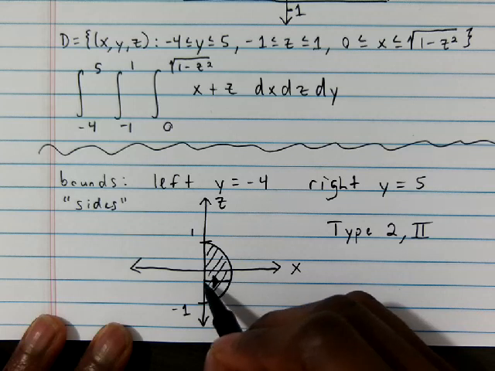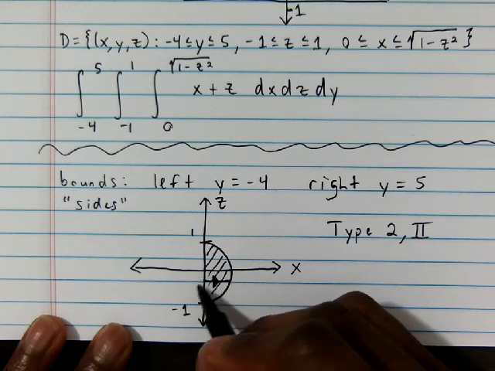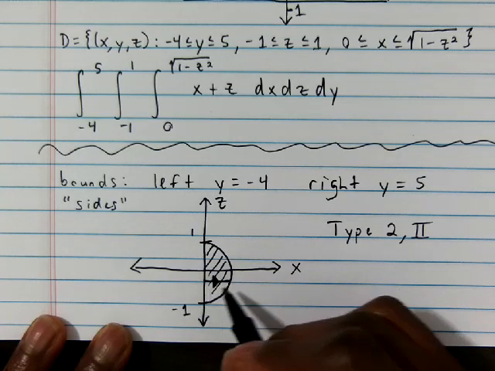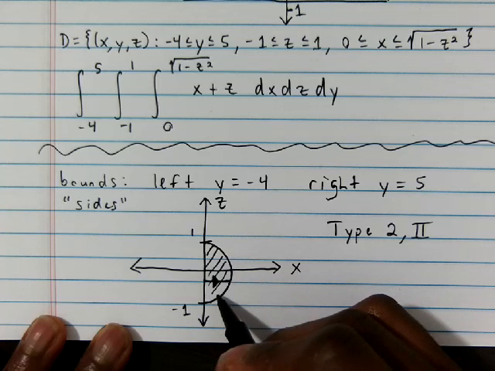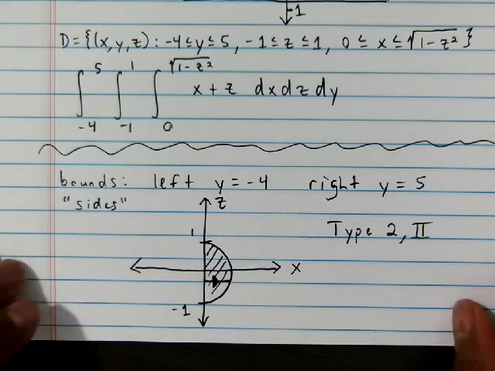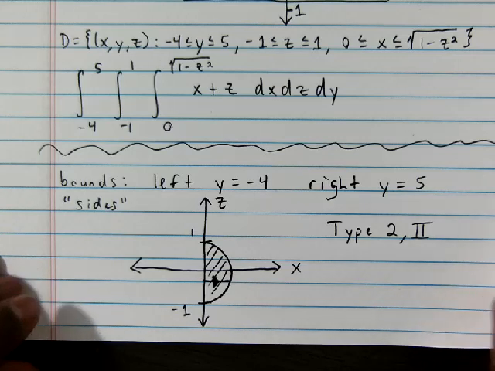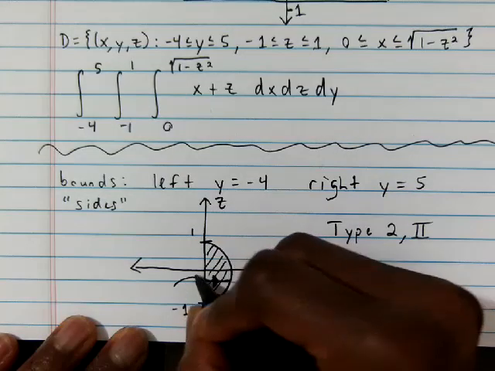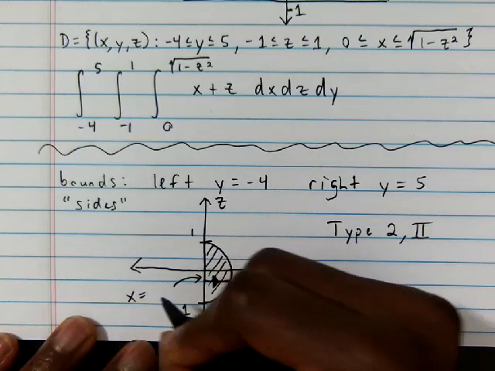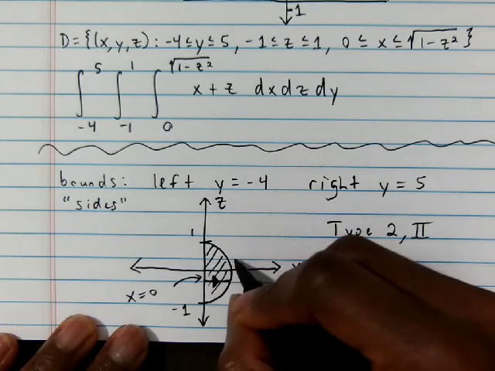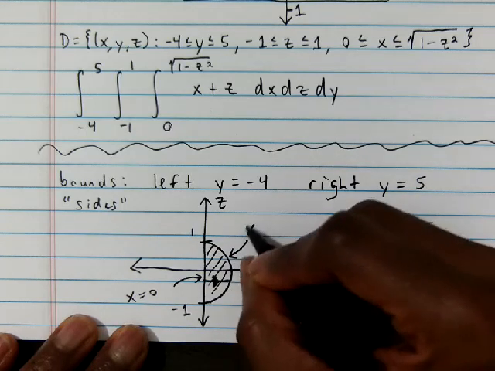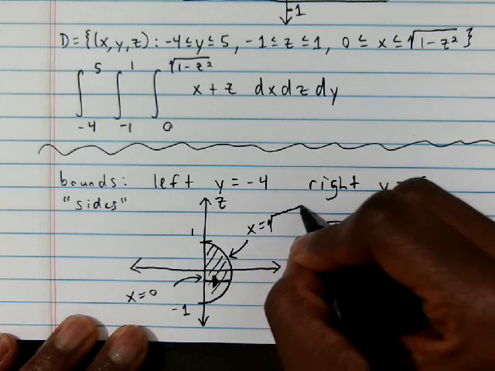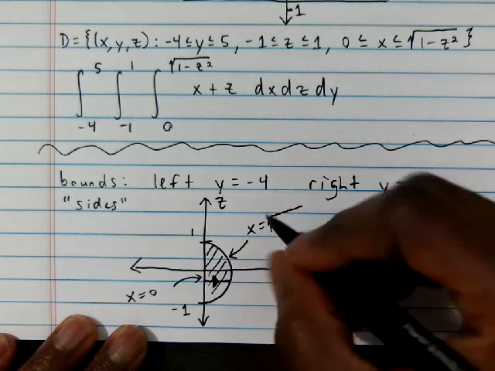Now, our function on the left is just x equals 0, and our function on the right is x equals the square root of 1 minus z squared. So our region D here, let me just label it here so we have it labeled in our picture. x equals 0. Over here, x equals the square root of 1 minus z squared.